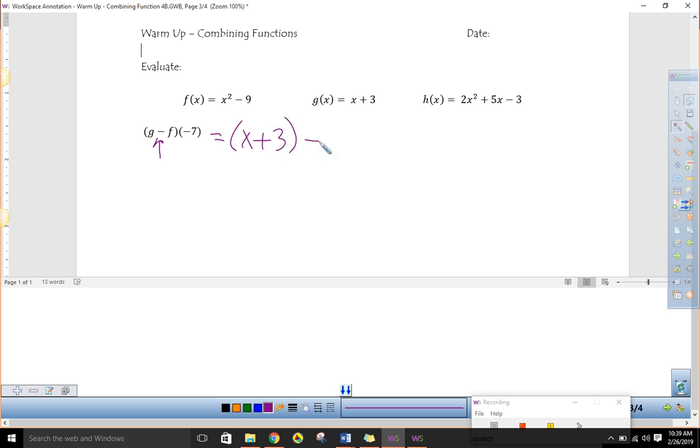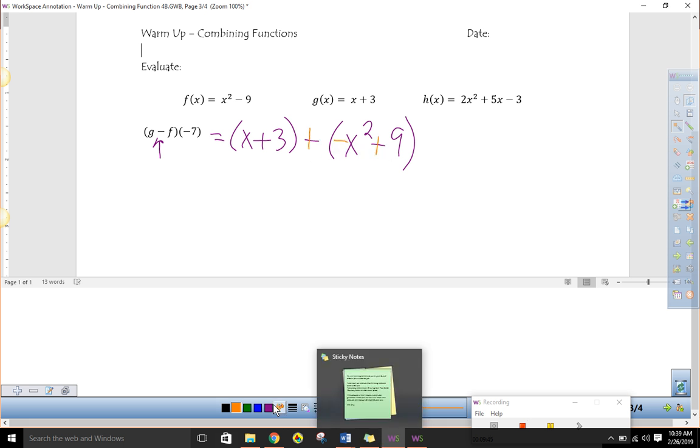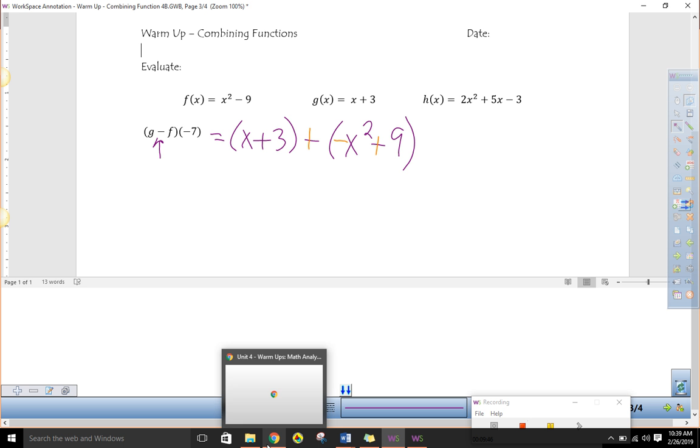So I've got my g of x minus my f of x. What do you know Miss Holly's going to do right away? Change the sign. Yeah, I'm going to click my colors and change my signs. All about error reduction. Okay, so what does this give me? Can you make it in a slightly better order?